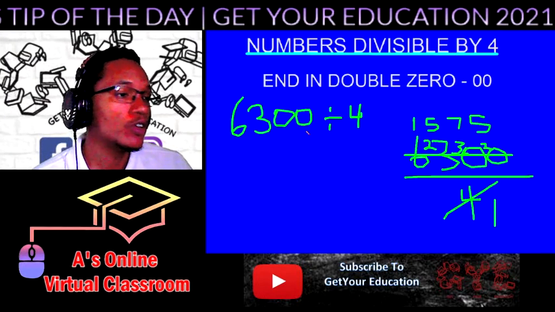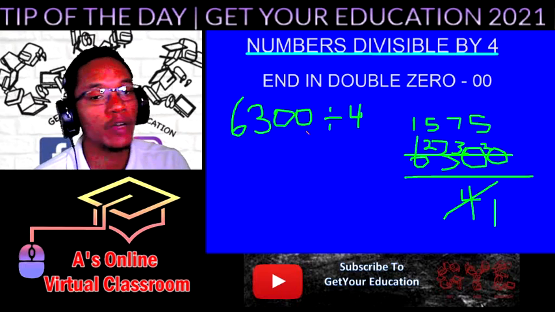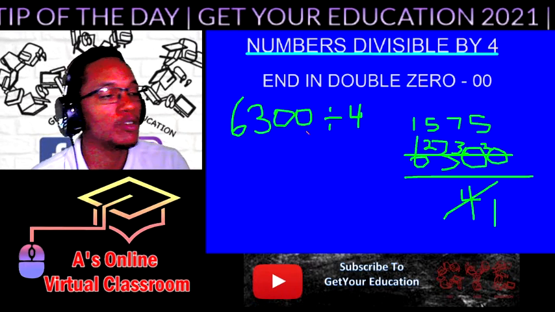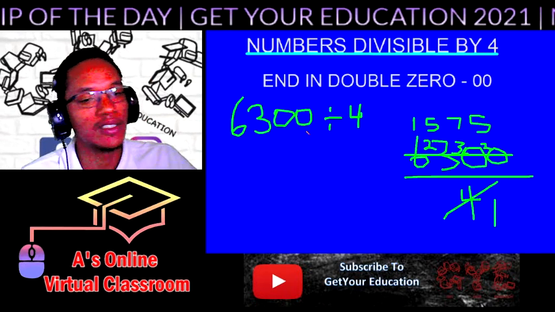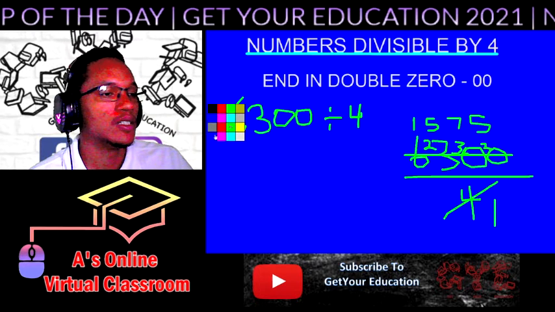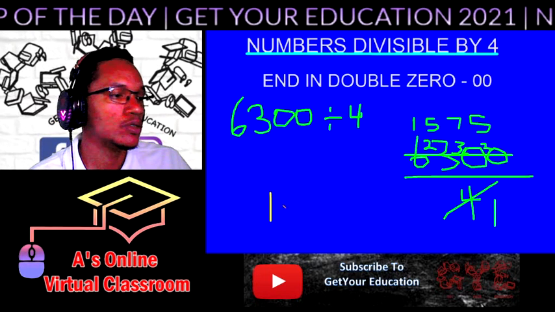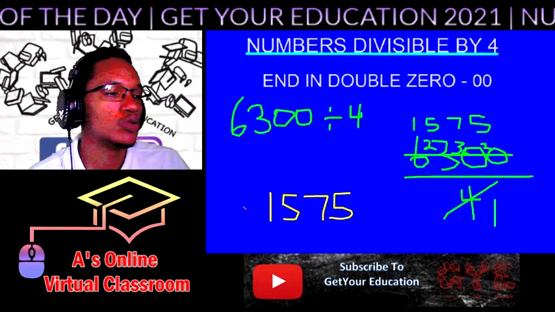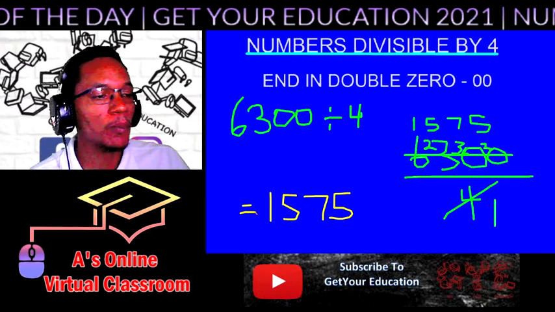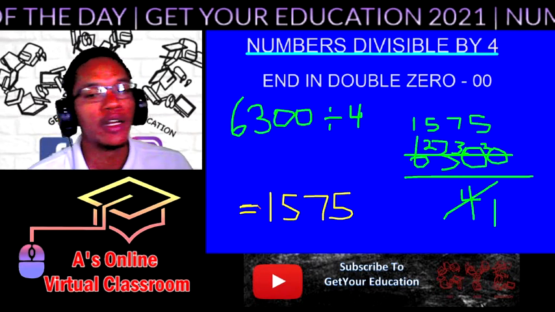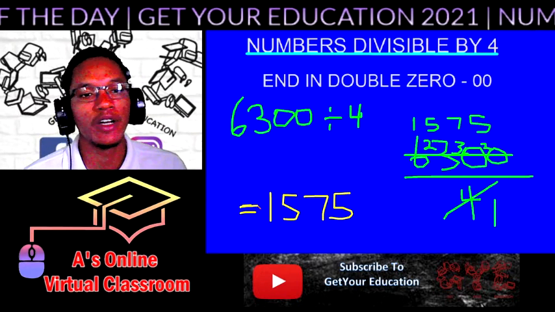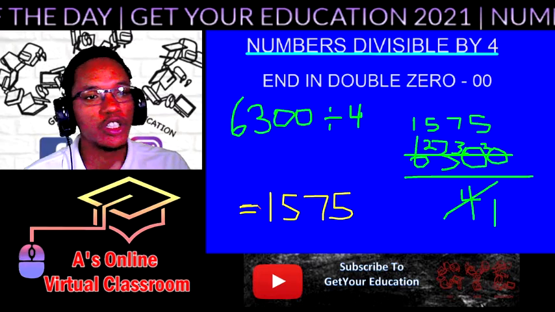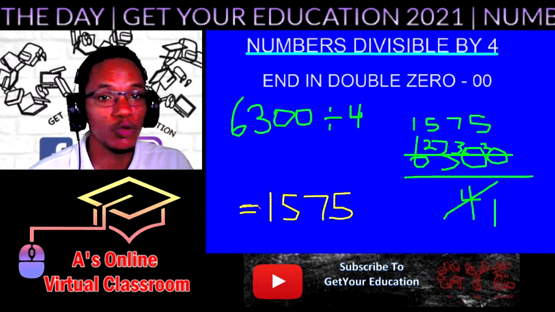So 6,300 can be divided by 4, and we would have been aware of that even before we divided it because it ends in a double zero. So our answer here is 1,575. So the tip for today: numbers can be divisible by 4 if the last 2 digits could be divided by 4, or if the last 2 digits are zeros.